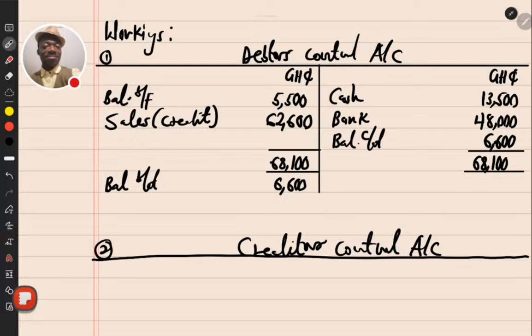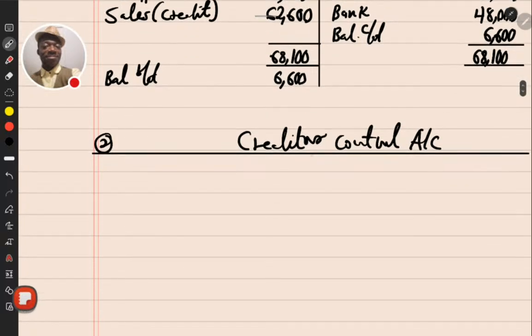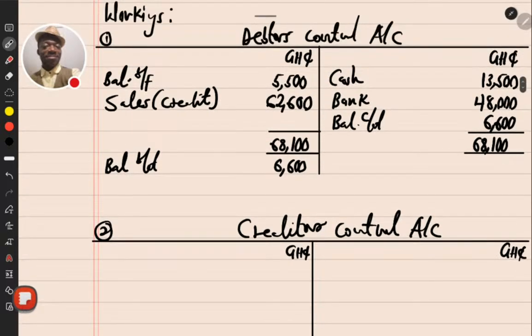Underline it nicely. And then you have your T account coming up, with your cash column indicated there. As we were able to enter for debtors, the same idea goes.